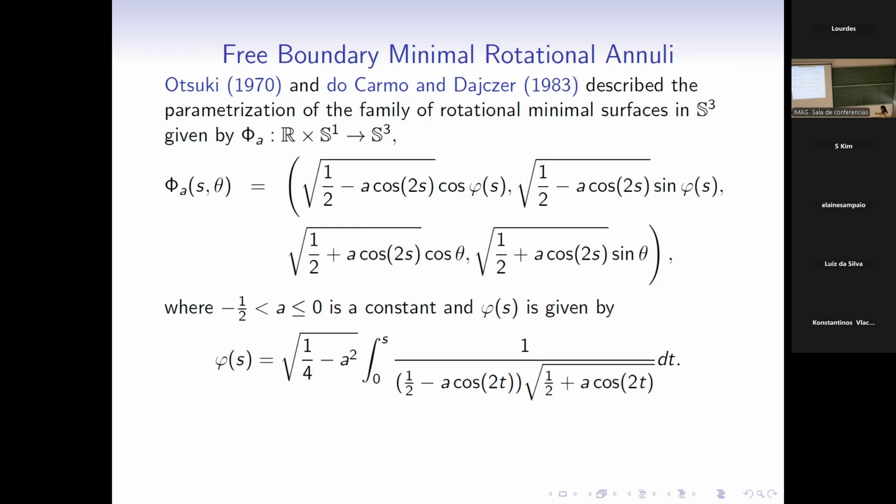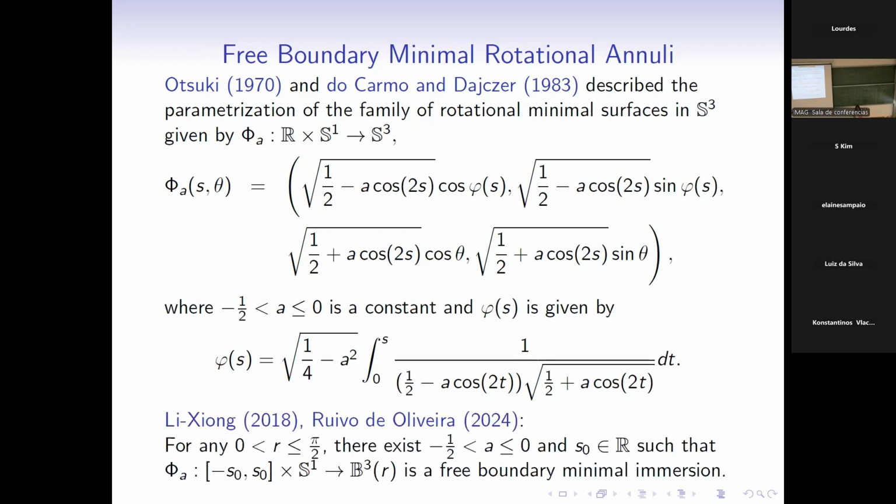Okay. And in a paper by Li and Xiong, they observed that in any spherical cap, you can find a parameter, the parameter that is here, and you can cut these rotational surfaces by a value here such that when you look at this restriction, you get a free boundary minimal annulus in the spherical cap. Okay?